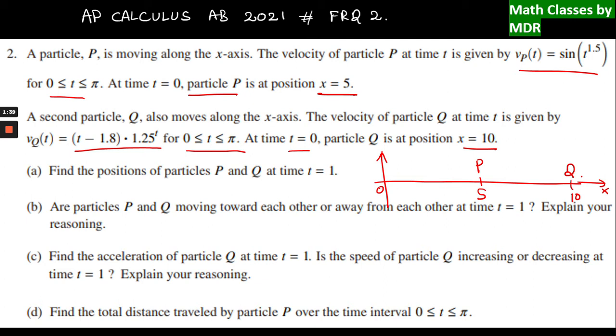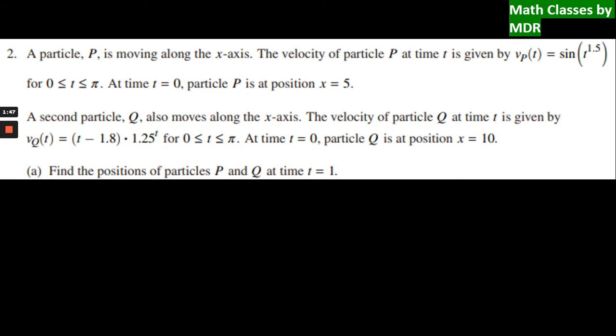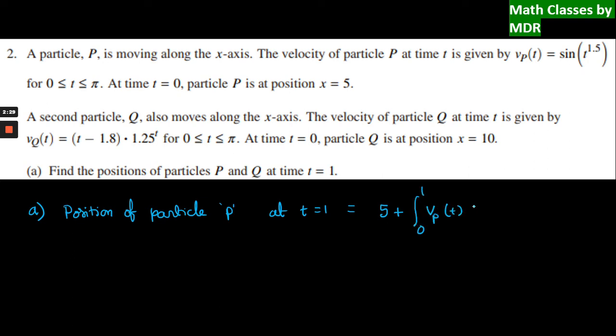This is a simple one. To find the position of the particle P at t = 1, the position of P at time t = 0 is 5, plus how far it moves over 0 to 1, that is the integral from 0 to 1 of vP dt.